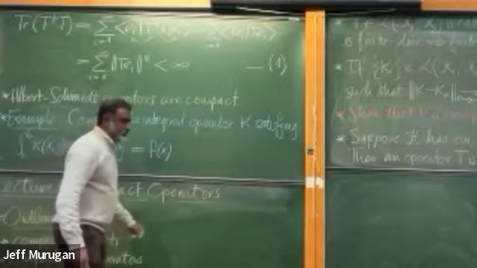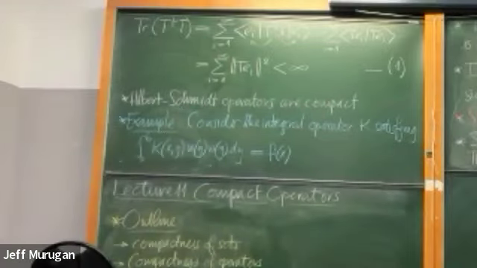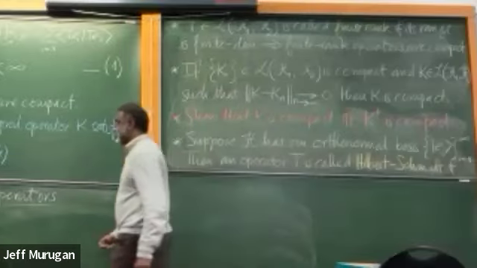Okay, so let's make this clear, and I'm going to use this to define what I mean by an integral equation. So this is a known function, typically. This is the wave function.